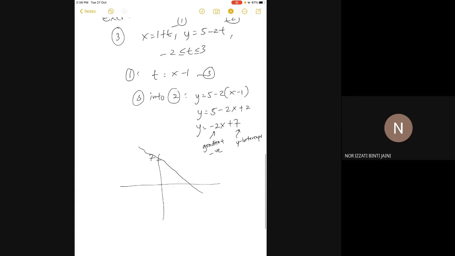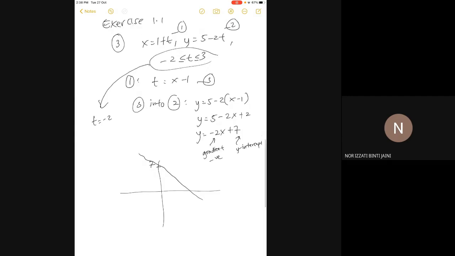Okay, apa maksud yang ini? Yang ini adalah untuk awak cari titik dia bermula dan titik dia berakhir. Okay, if t equals to -2, then your x will be 1 minus 2 which is -1. So -1 katalah kat sini.